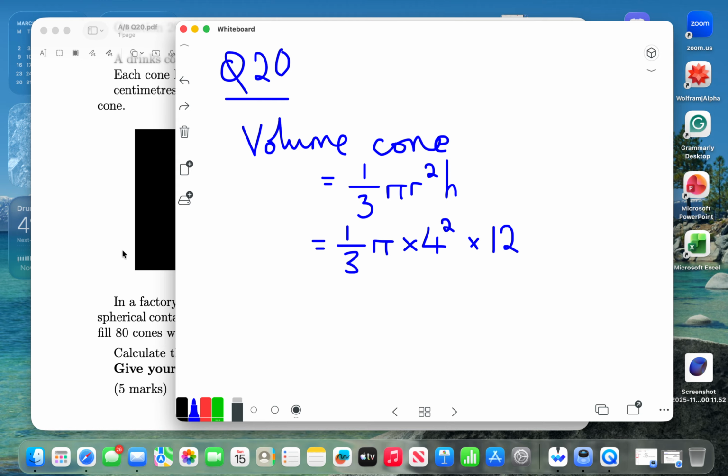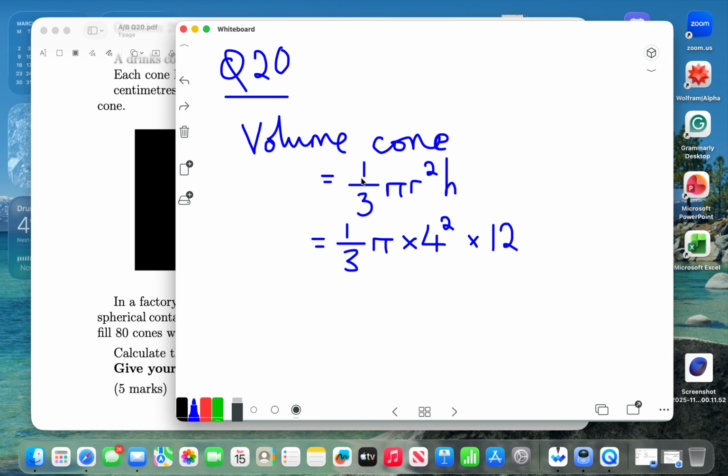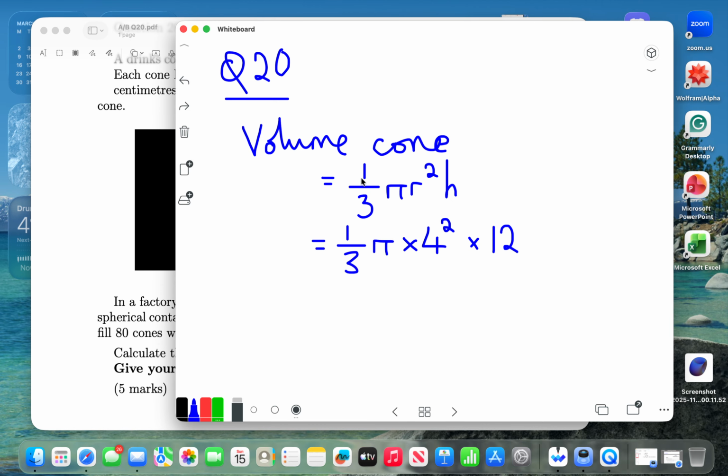So the volume of the sphere is 80 times the volume of the cone. I think the best way to do this is we're not actually going to evaluate this at the minute. We can say that the volume of the sphere is 80 times the volume of the cone.